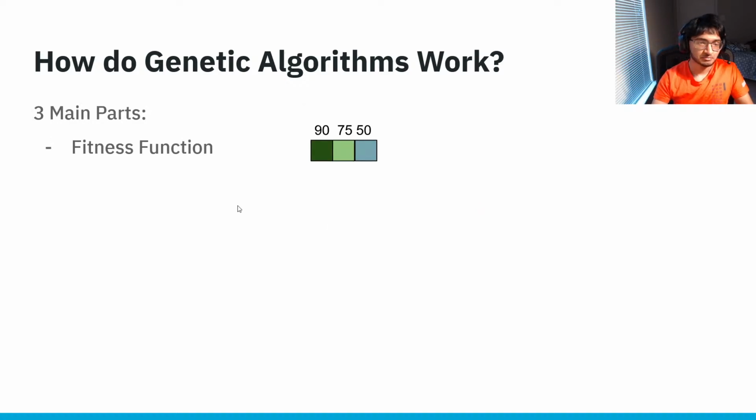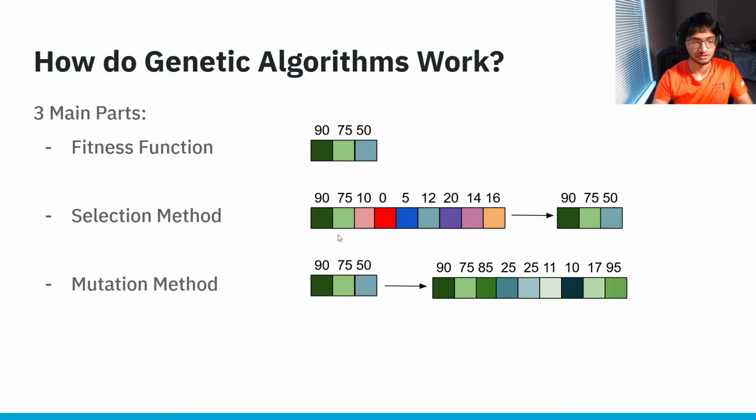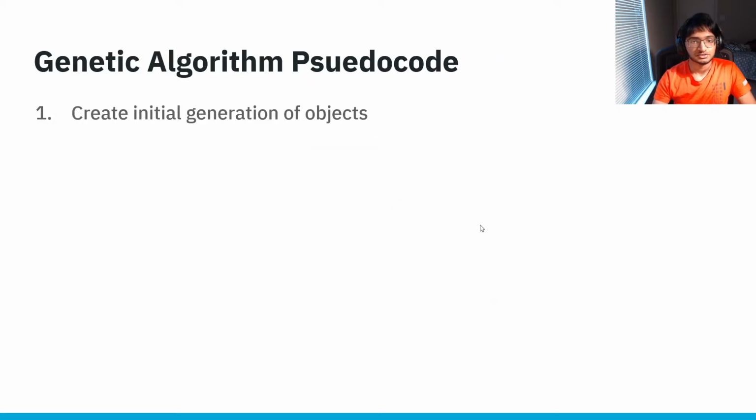And so there's three main parts of every genetic algorithm. We have the fitness function, which is what assigns the initial scores. We have a selection method, which is what selects the best fit objects from a sample or a generation. And then we have a mutation method, which takes the selected objects and makes a new sample or new generation based off of them. So this is basic pseudocode for how it would work. You have an initial generation of objects.